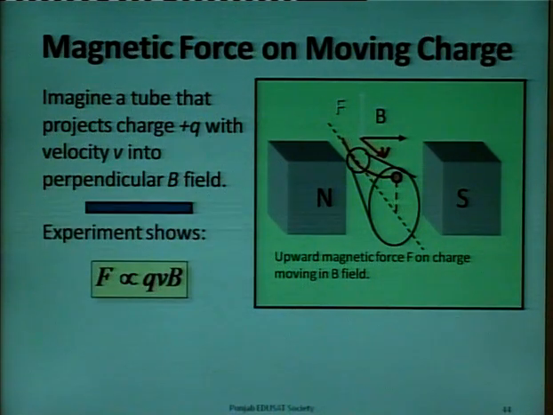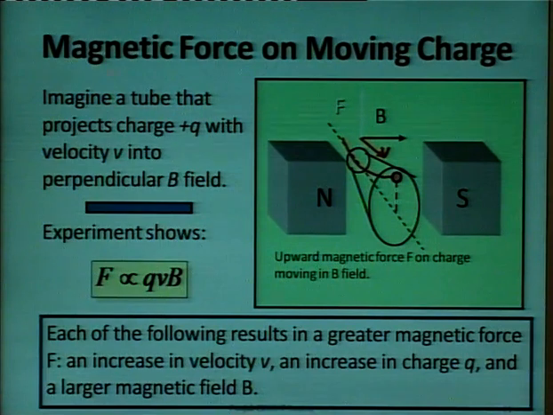This experiment shows that force is directly proportional to q, v and B. So each of the following results in a greater magnetic force F: an increase in velocity v, an increase in charge q, and a larger magnetic field B.